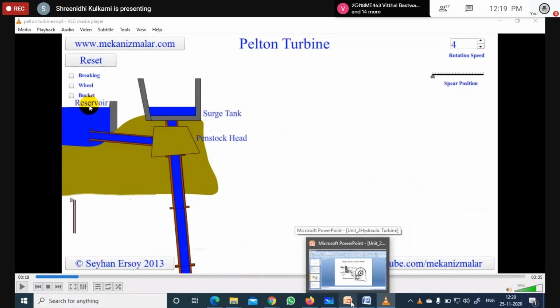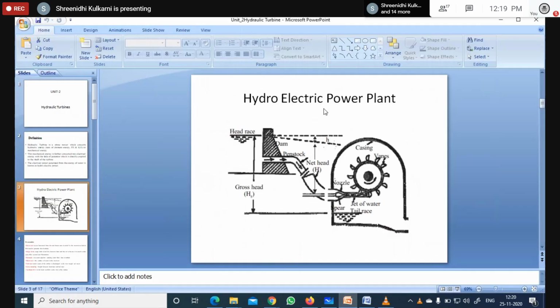This hydroelectric power plant or power station first consists of a dam, or simply a reservoir. Next, it consists of a penstock, and later we'll tell what this penstock is.